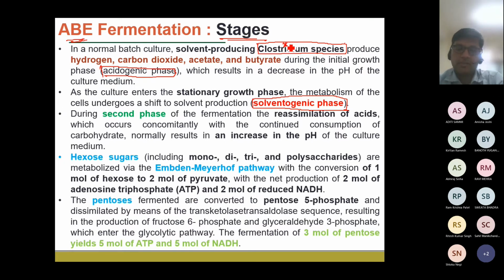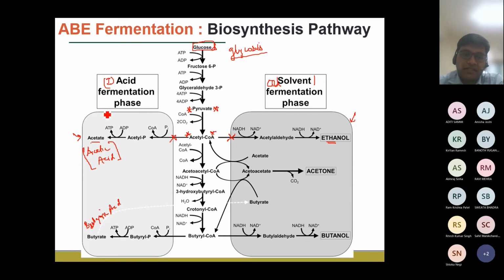These particular microorganisms are widely used for the AB fermentation, and generally they produce, for example, hydrogen, carbon dioxide, acetate, or butyrate during the initial growth phase. So at the initial stage of the growth phase, they start to release these types of acids, the acid derivatives.